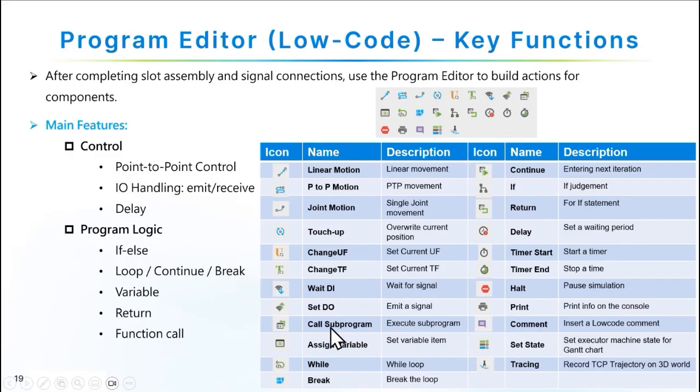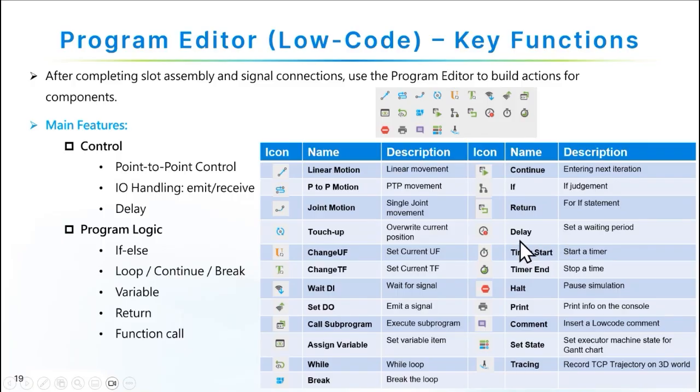Okay, so this is the way we use call subprogram, and we can also assign a variable like XYZ, whatever we want, and we can use the variable to accumulate, or interact with the if statement, or use the while loop, if loop to do the statement change. Later on, we're gonna have an example about it.